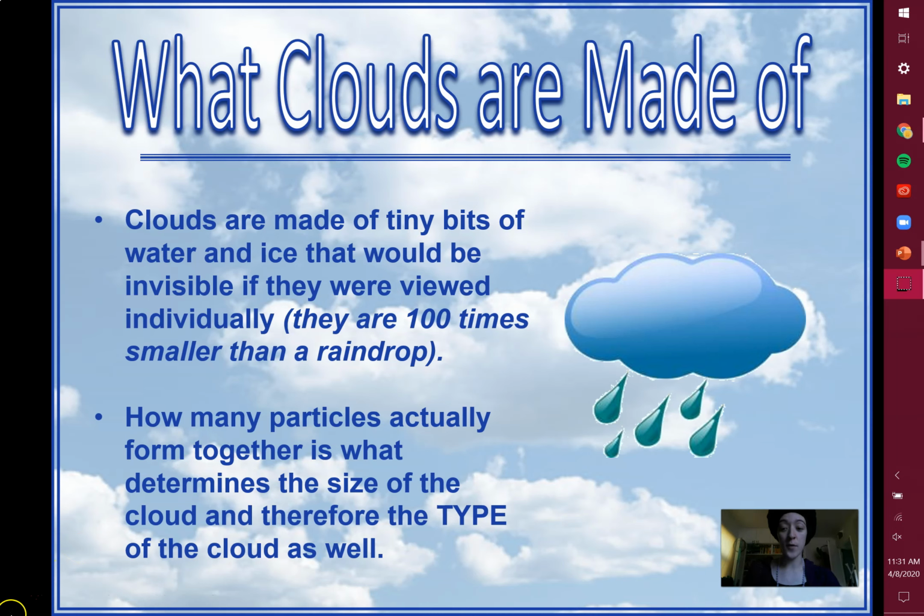When all of those water molecules come together, that's when we see a cloud. And there's also little tiny bits of dust and other types of gases trapped in between those molecules. So how many particles come together is what's going to determine what type of cloud we see.